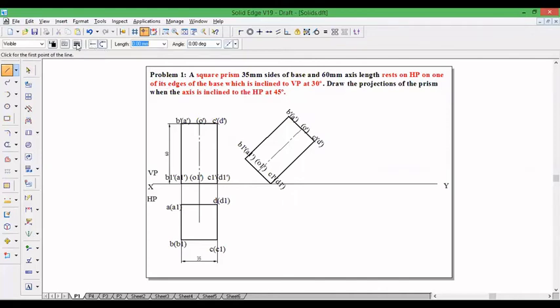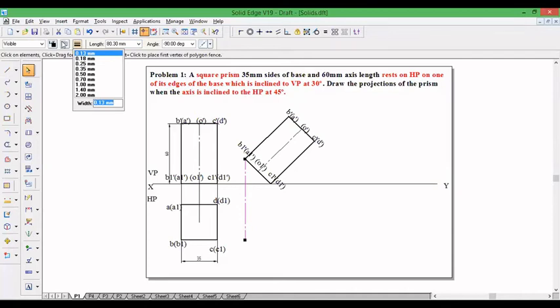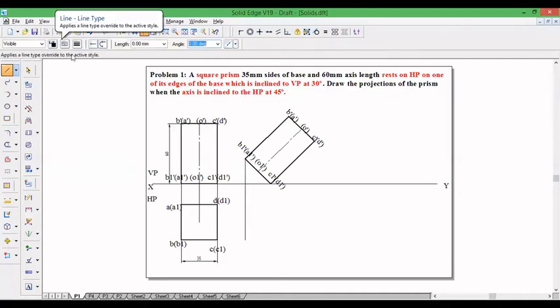Okay, let us take projection lines for base B1. B1 is here, and the line type should be continuous line. So for line, you choose continuous line and thin line. B1, and this is C1.